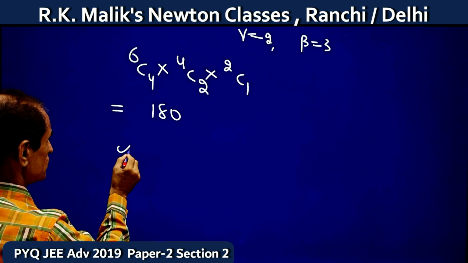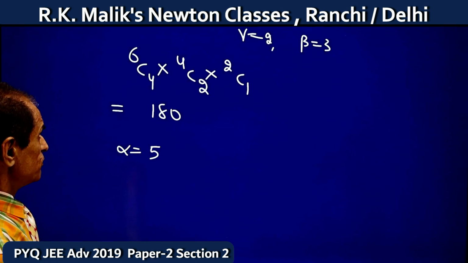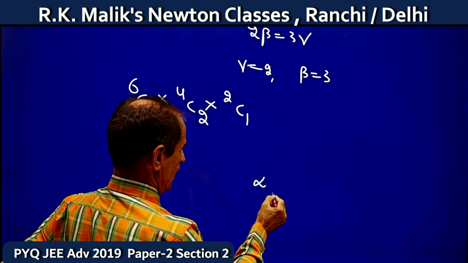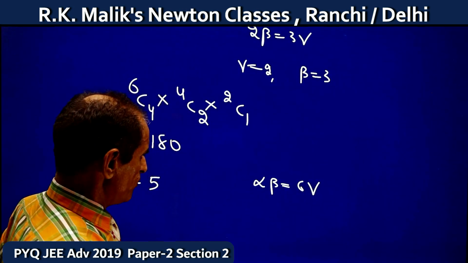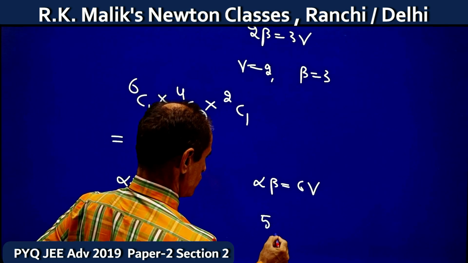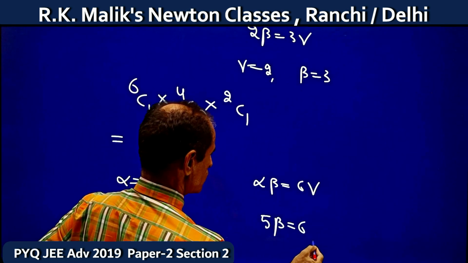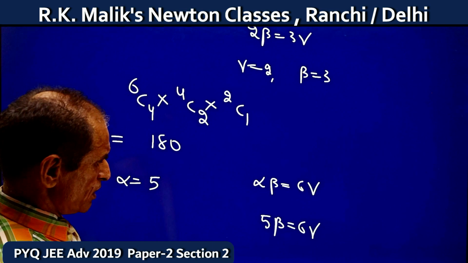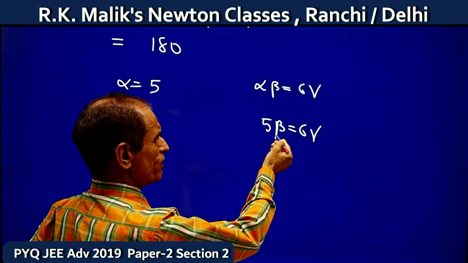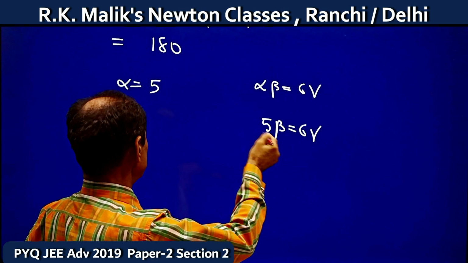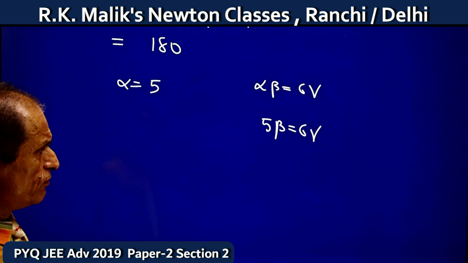And next case, suppose alpha is 5. Then alpha beta equal to 6 gamma will mean 5 beta equal to 6 gamma. And this is possible only if gamma is 5 and beta is 6, but that is not allowed because alpha is 5.